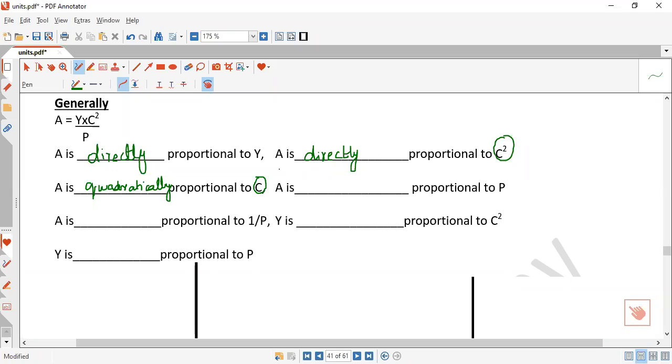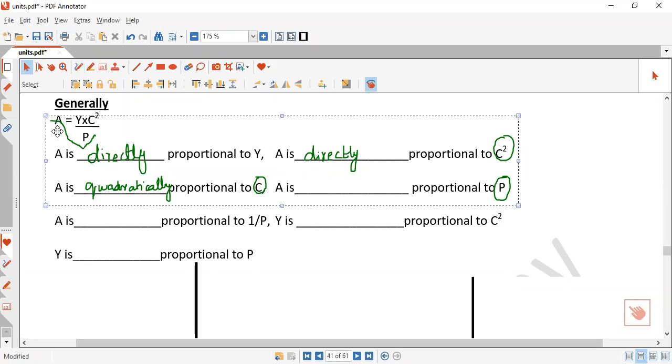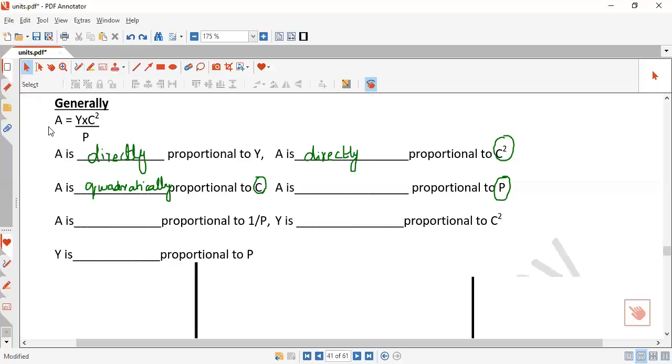Sadiq. Sadiq, A is how proportional to P? Yes, Sadiq. Sadiq, where are you? Sir, should I tell? No. Let's ask someone. Whom should we ask?